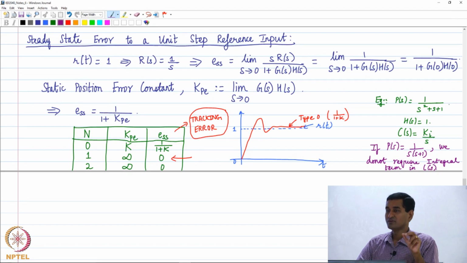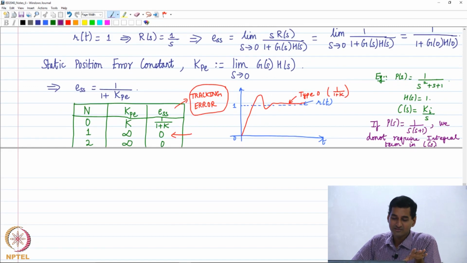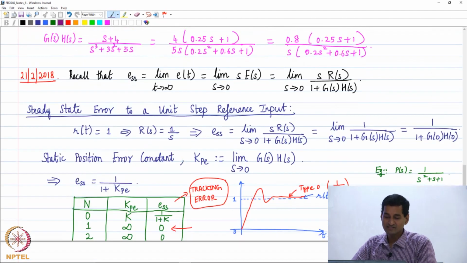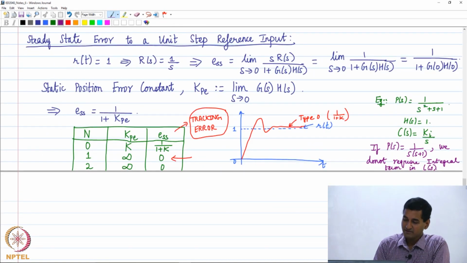If we introduce a 1/s term through our integral term, I am going to have an open loop pole at the origin, so stabilizing the closed loop system and getting closed loop performance are going to be relatively more challenging. There is a price to pay, so the control design needs to be done more carefully. That is for a unit step reference input.